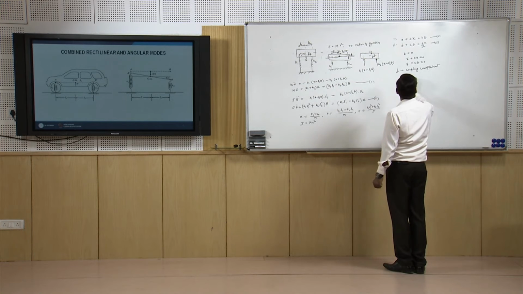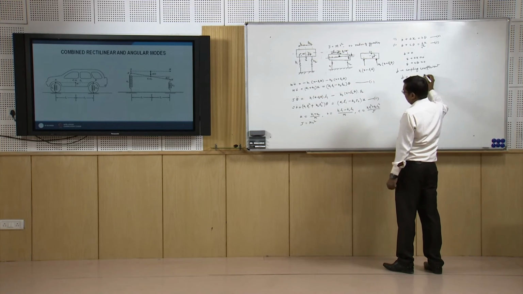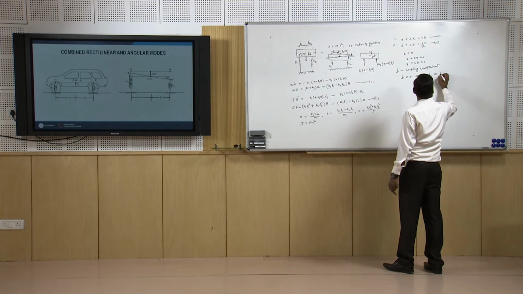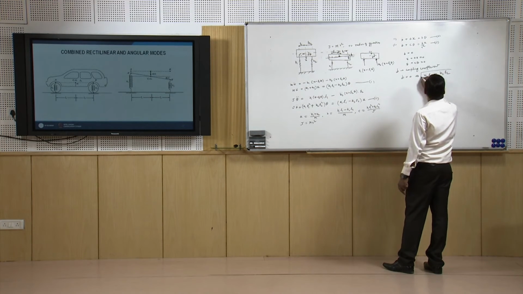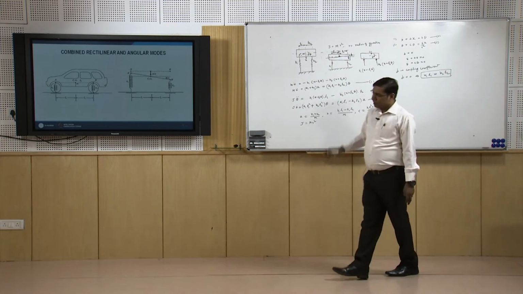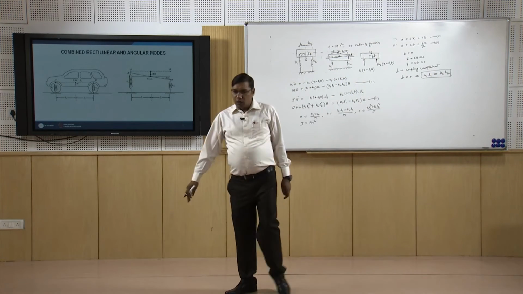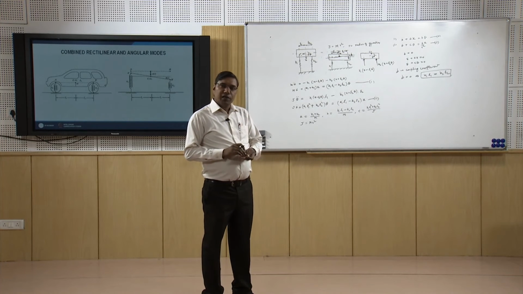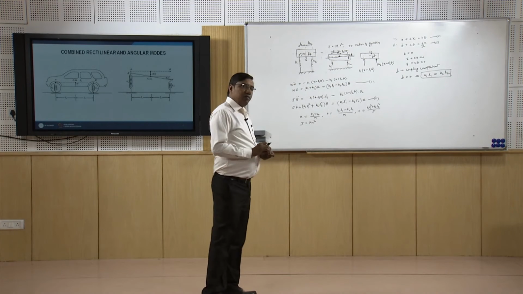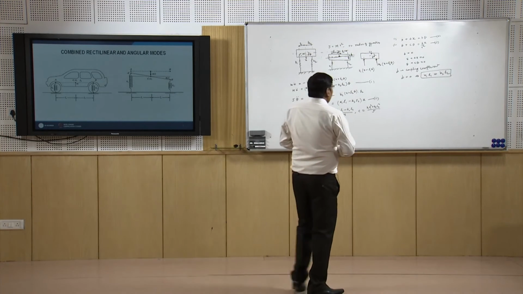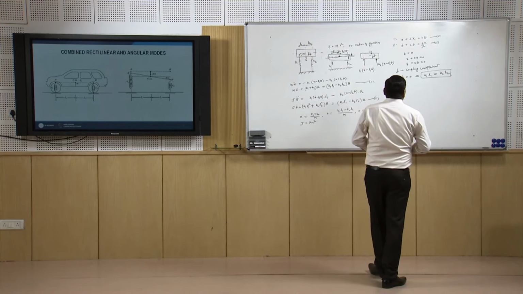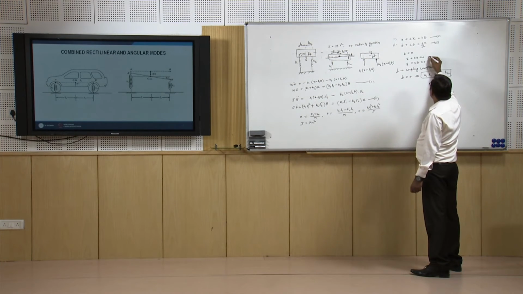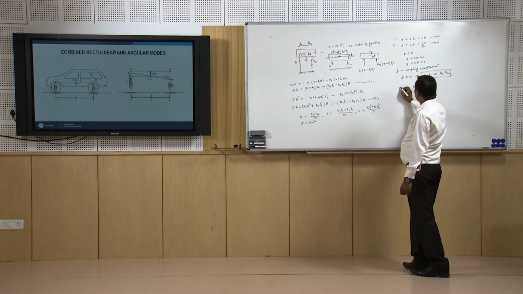So B equal to 0 means, what is B? K1 L1 equal to K2 L2. This is the condition for not permitting the coupling of the two degree of freedom system. When they are uncoupled we can find their natural frequencies.